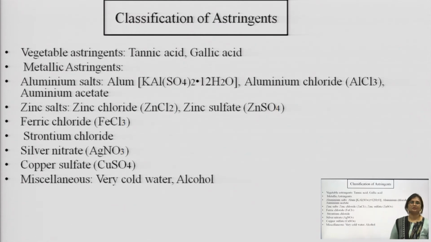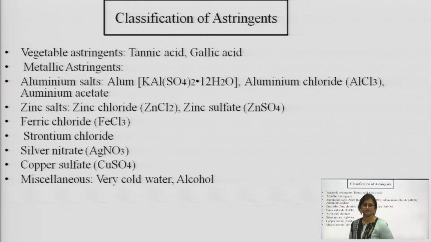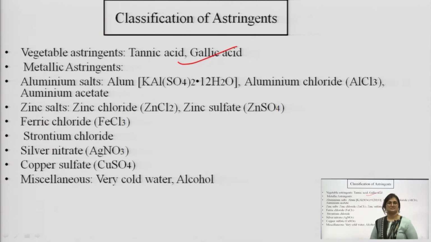See, when we look into the different classes of astringents, they include vegetable astringents. That is, these astringents are derived from vegetable sources or plant sources. For example, tannic acid and gallic acid.